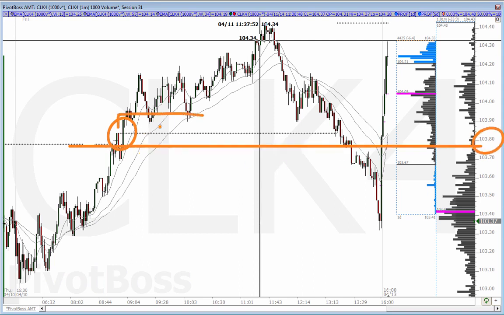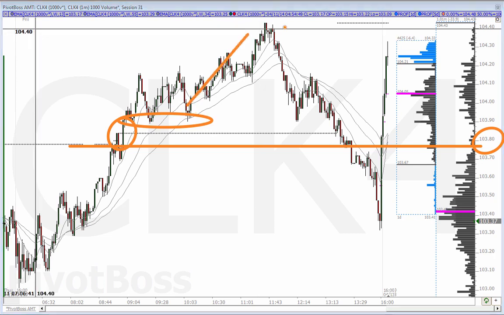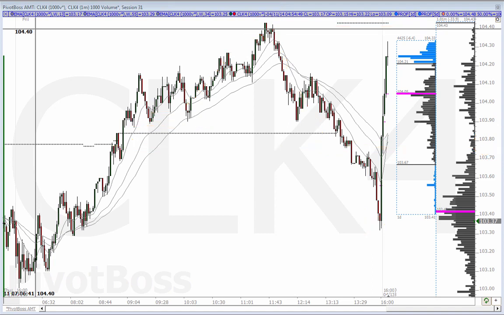We saw how price absorbed on this zone. We saw how price pushed higher, and ultimately we saw how price was unable to push beyond the 104.40s and was instead absorbed by passive sellers. Look at the drop that occurred after that. This is the power of the footprint. This is the power of order flow analysis.